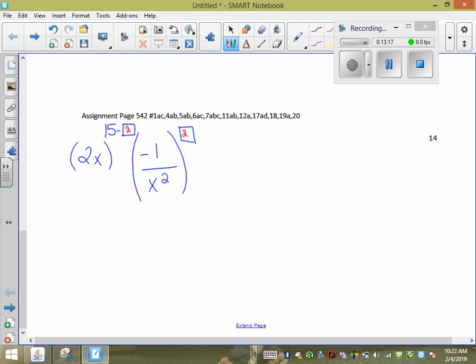Eventually, after you do these, you're not going to try all these ones because you're going to realize they don't make sense, but that's okay. So this is going to be x to the 13, x to the 4. Do they cancel? No. So I'm going to try a 3. This is going to get really ugly looking. So it's going to be x to the 12, x to the 6. Did that work? No. Try a 4.